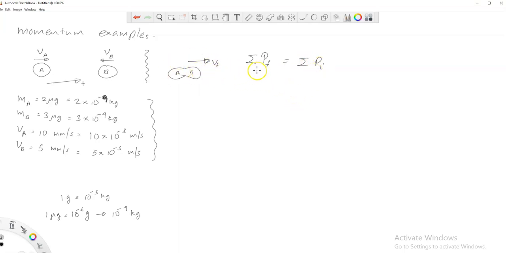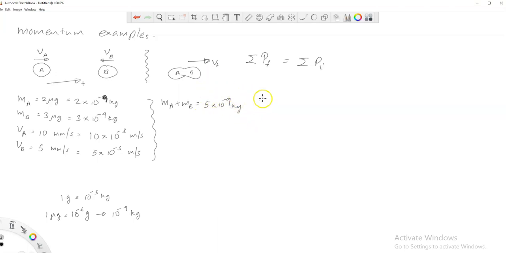Now the total momentum of the final is the two masses moving together. So we have to find what is ma plus mb. That is our mass, which is 5 times 10 to the negative 9 kilograms, right?